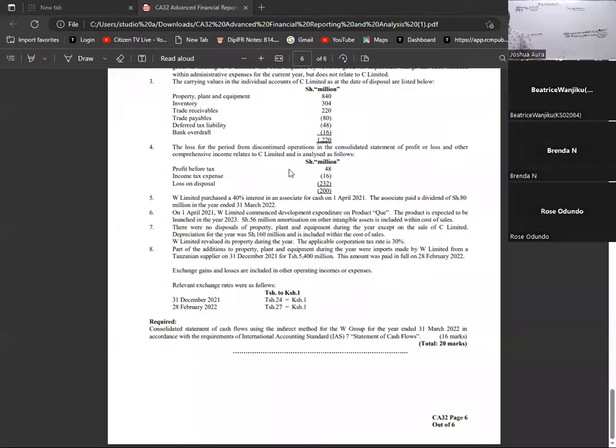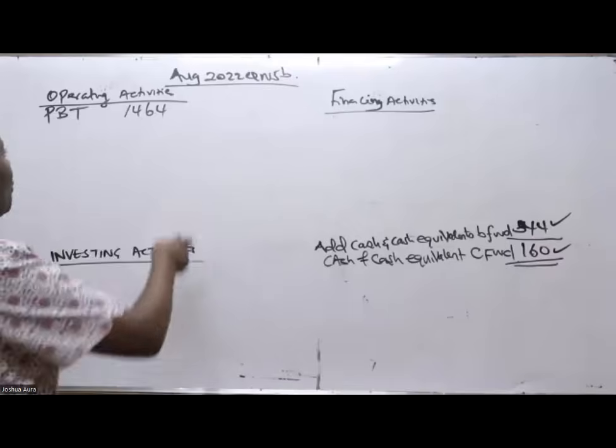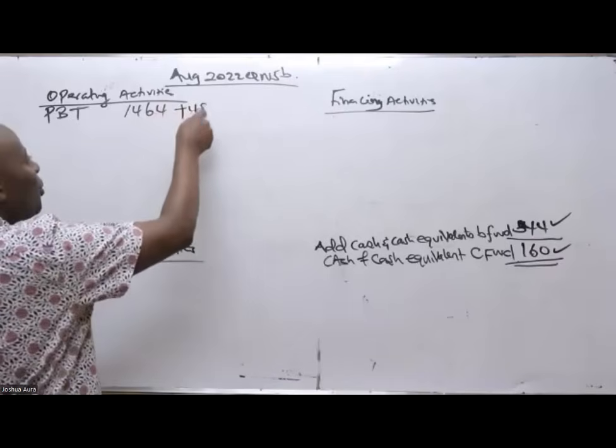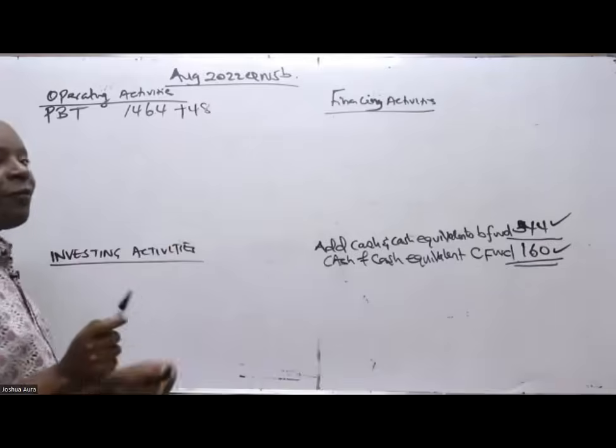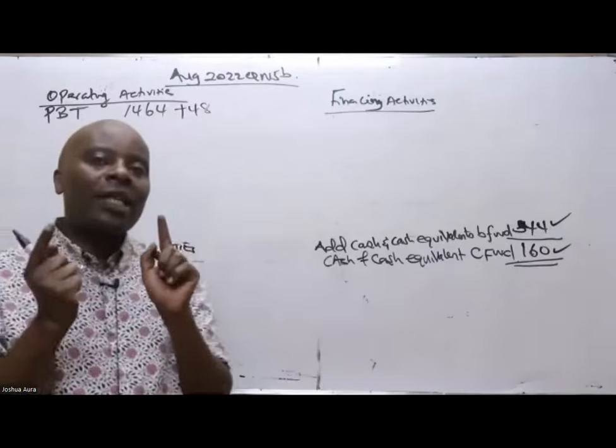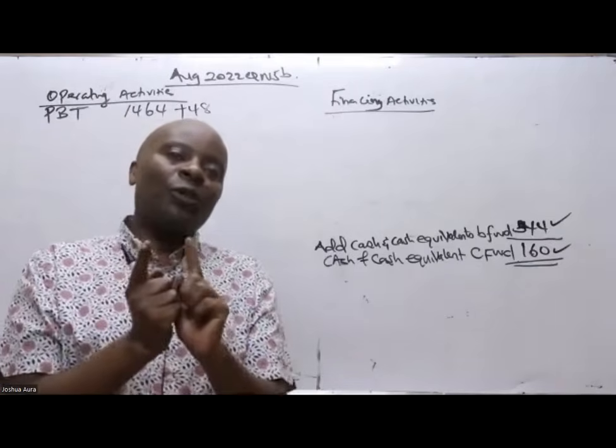So I'm interested in the profit before tax of the discontinued operation. I will take this 1464 and add this 48, the PBT of the discontinued operation. Remember, we are looking for the profit before tax for the entire group for the year.